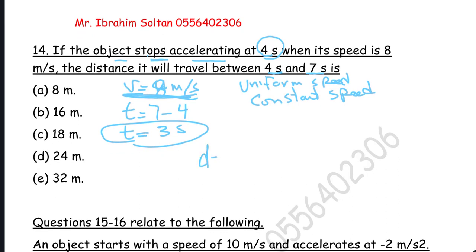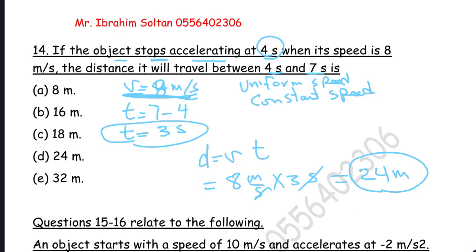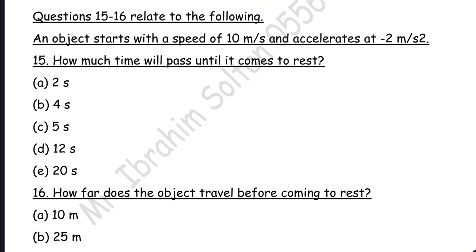It travels d equal vt, so 8 meter per second times 3 seconds, second goes with second, 3 times 8, 24 meter. So the object will stop accelerating and move with constant speed, right? For 3 seconds, so 8 times 3, 24 meter. Let's move to the next.